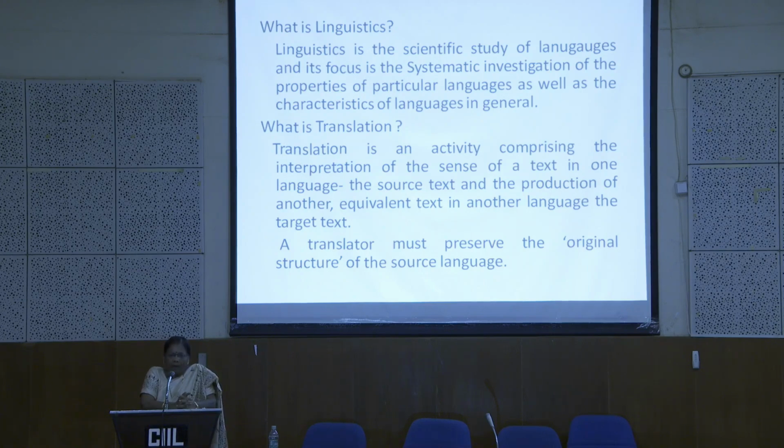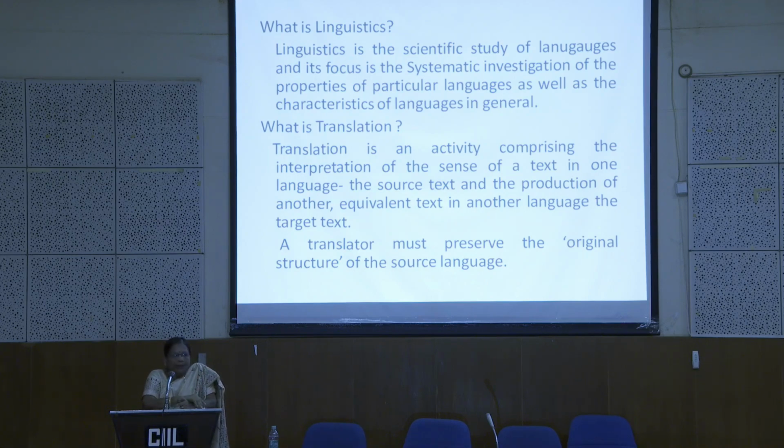Like that in Tamil also, there is Sangam literature, but we are not able to read it. The language of Sangam literature is different from modern Tamil. So for that purpose, we are doing intralingual translation, within the language.